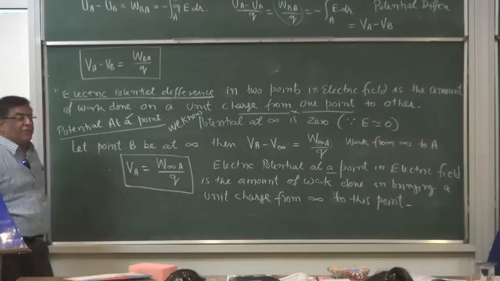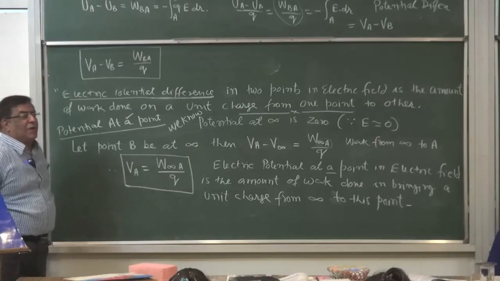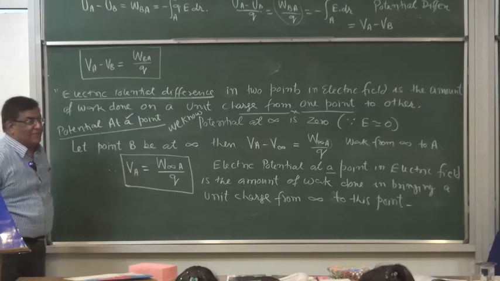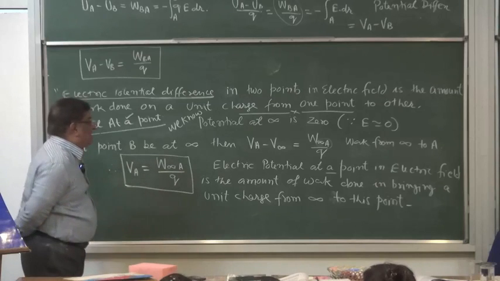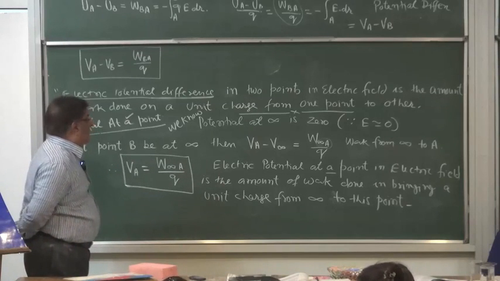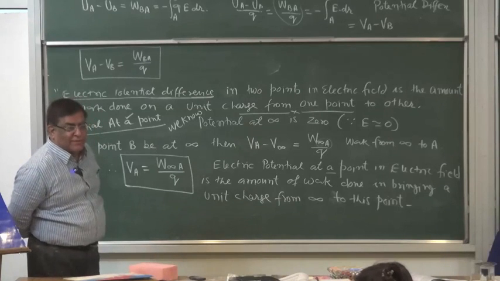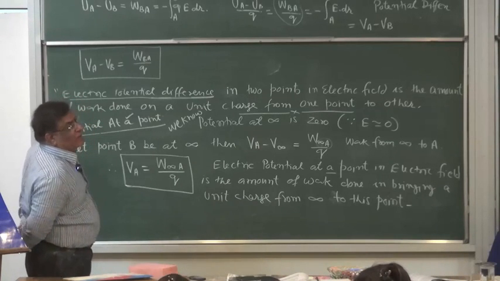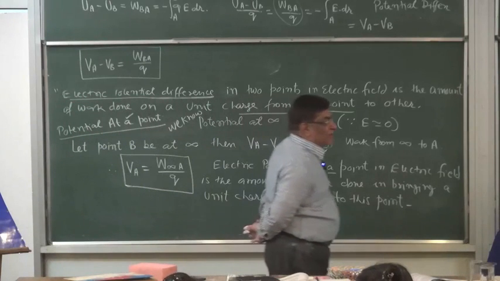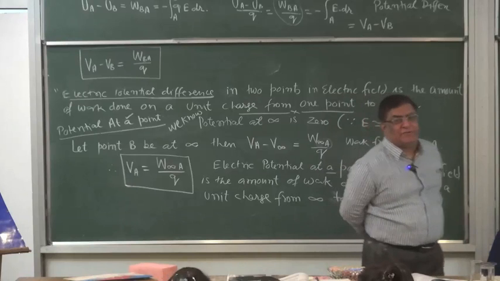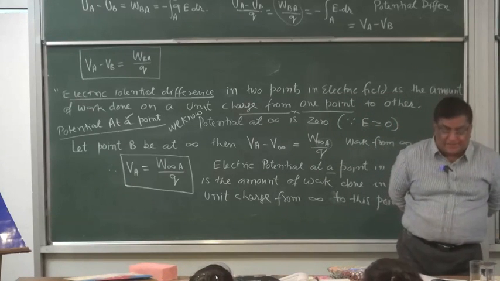This is the definition we have made because we have brought it with this definition. Electric potential at a point in an electric field is the amount of work done in bringing a unit charge from infinity to this point, and we are simply doing the work of transporting it from infinity to this point. We are not using our energy to accelerate it.